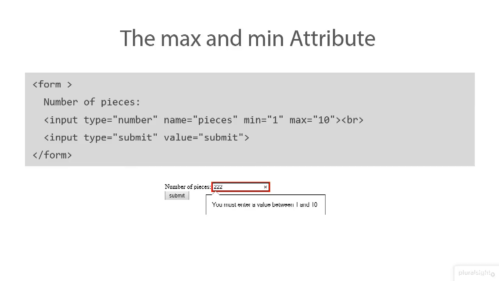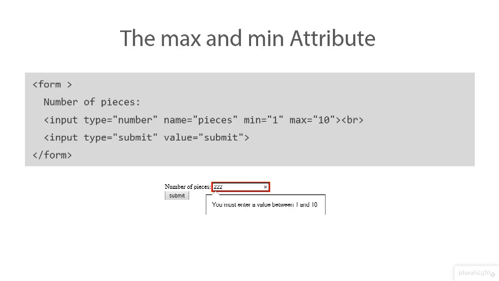However, here we are adding these attributes on numeric input. In this case, the browser will render this as a regular input, but will flag an error when the specified value is not between the minimum and the maximum values.